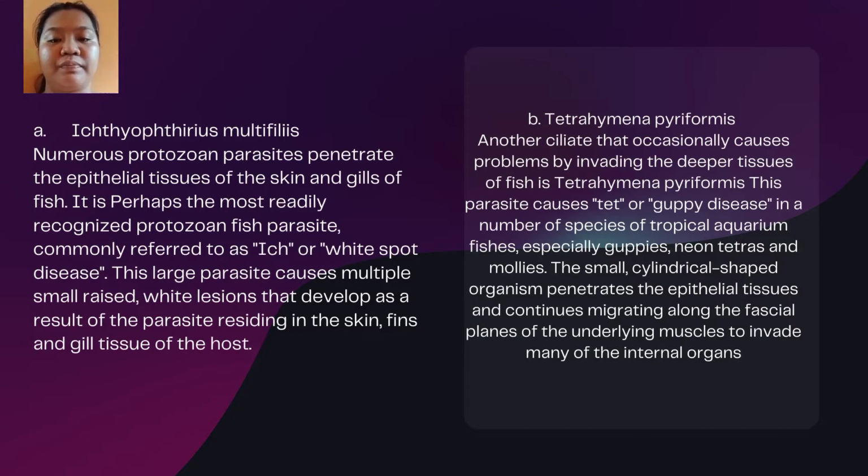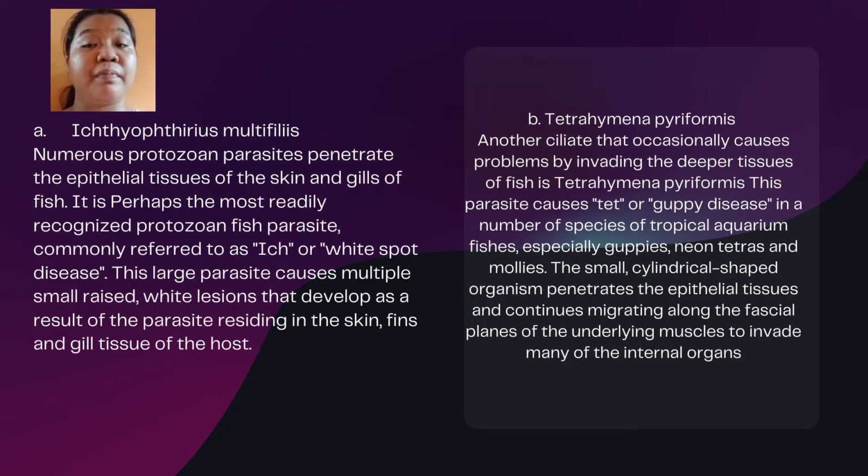The Tetrahymena pyriformis is another ciliate that occasionally causes problems by invading the deeper tissues of fish. Tetrahymena pyriformis causes death or disease in a number of species of tropical aquarium fishes, especially guppies, neon tetras, and mollies.